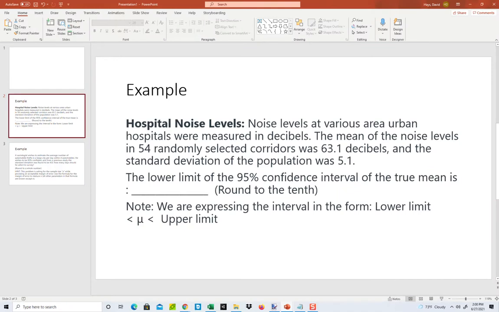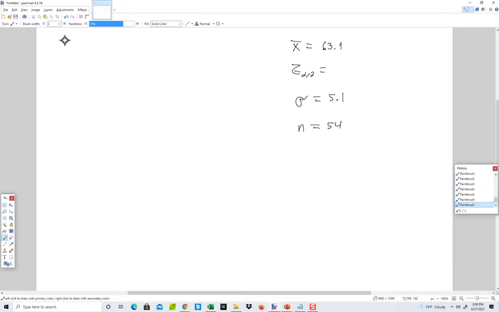The last one we have to find, it says the lower limit of the 95% confidence interval. So we want a 95% confidence interval. When we draw a picture, it's bell shaped more or less, and then you'll put this line here and this line here. This is your left tail, this is your right tail. When we say 95% confidence interval, that means we're putting 0.95 in the middle.